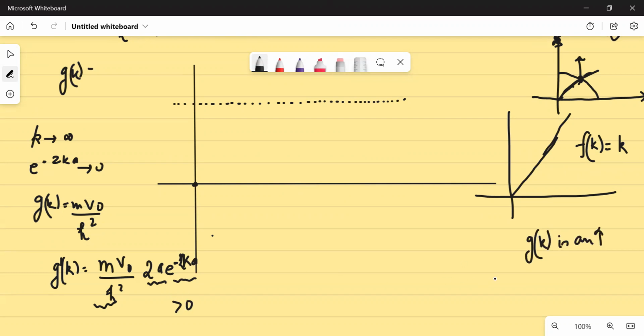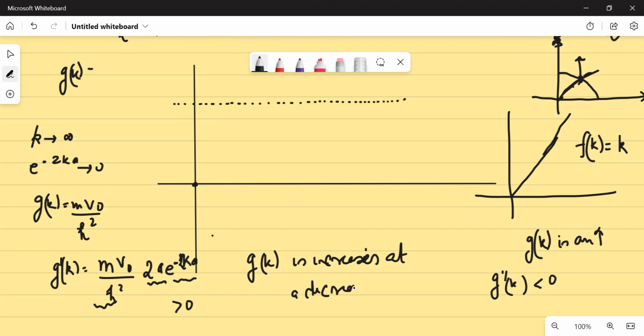And if I differentiate it twice, how would g dash k behave? Since these are all constants, if I differentiate again, I will get a minus 2a again. So overall, this will be a negative thing. So g(k) is an increasing function, or I can say my g(k) increases at a decreasing rate.